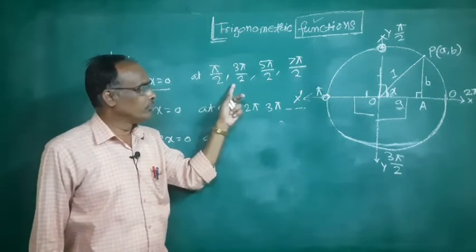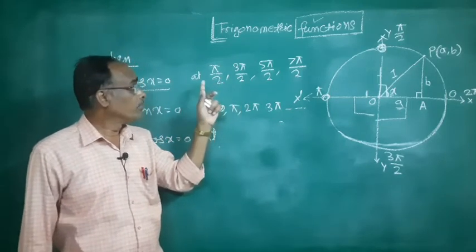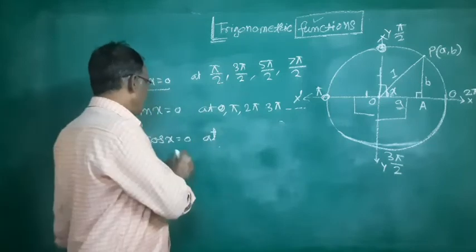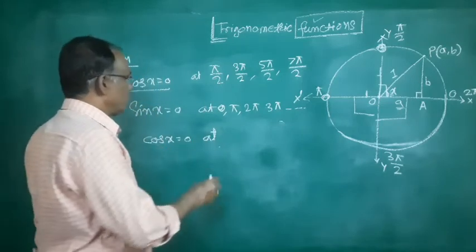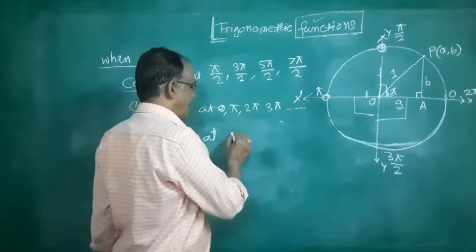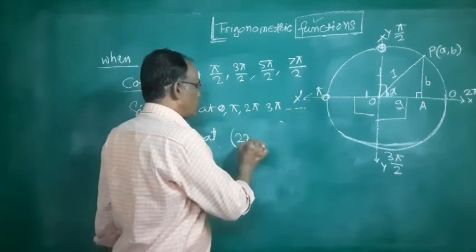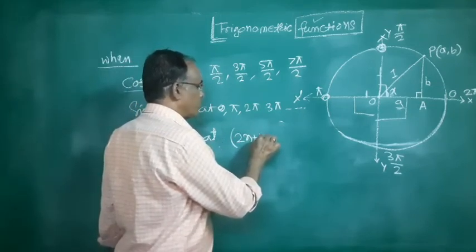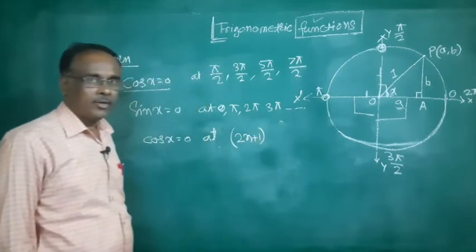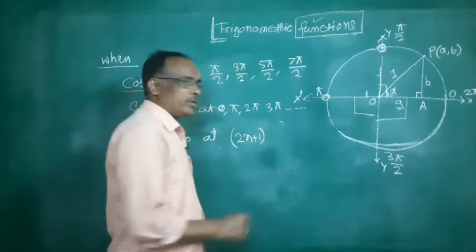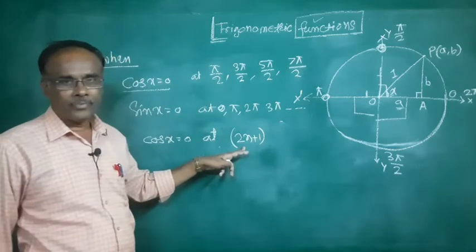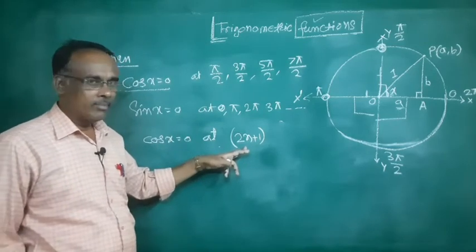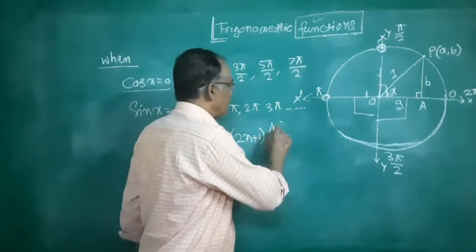So we can say cos x equals 0 at (2n plus 1) pi by 2, where 2n plus 1 is an odd number.